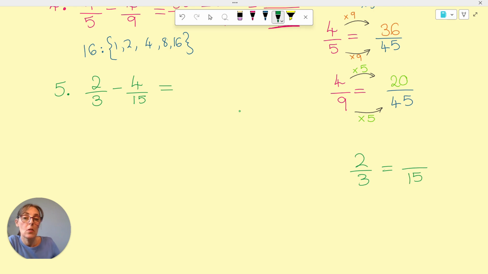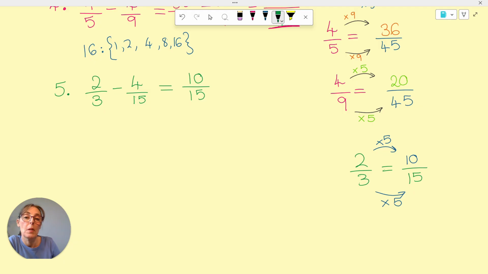It's always useful to look at both numbers and find out if you can fit one into the other. So 3 times 5 is 15. So 2 multiplied by 5 is 10. So instead of writing 2/3, we write 10/15.